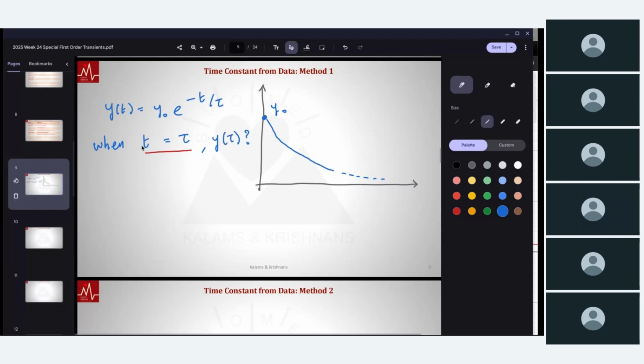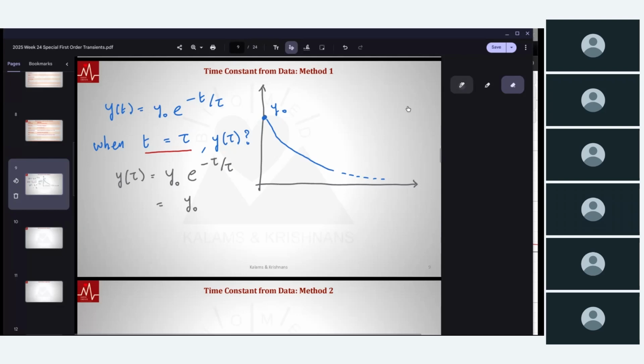Let's find it out. Notice y of tau is y0 e power minus tau by tau, which is y0 e power minus 1. So this is essentially y0 by e.